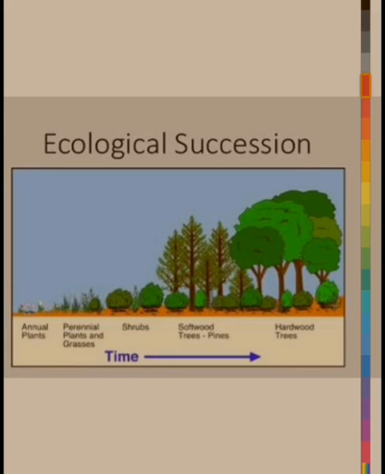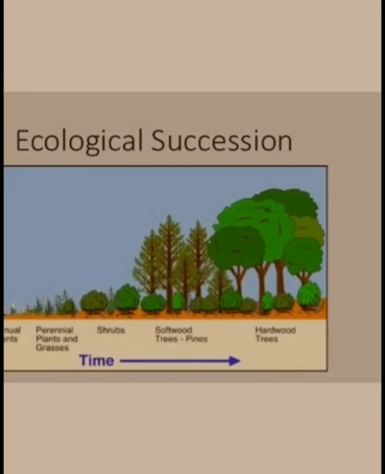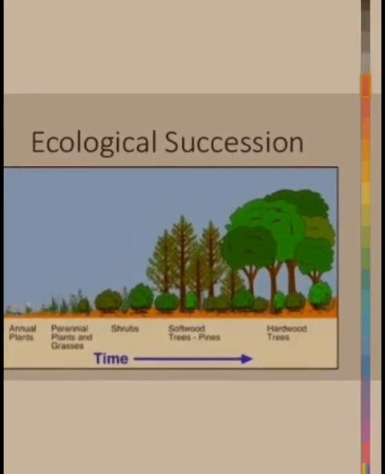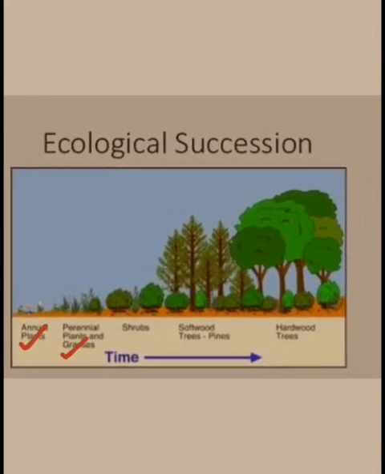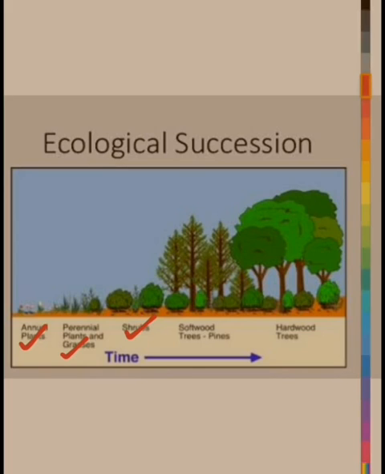The entire sequence of developmental stages of biotic succession from pioneer community to a climax community is known as sere. So here in this picture, this one is a sere, this is another sere, this is another sere, and this is the last sere, which is known as the climax community. The stages are known as sere.